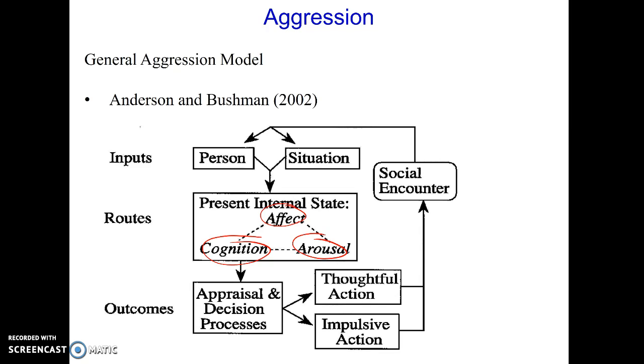For example, research has shown that exposure to media violence operates mostly through priming. So if the video game you watch or play is here, that's going to lead to mostly the cognitive route, and that is what makes this go down, and the rest of the general regression model to proceed accordingly.